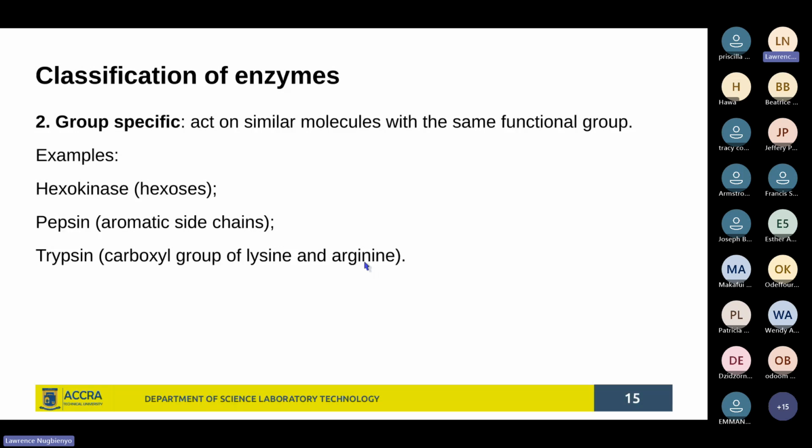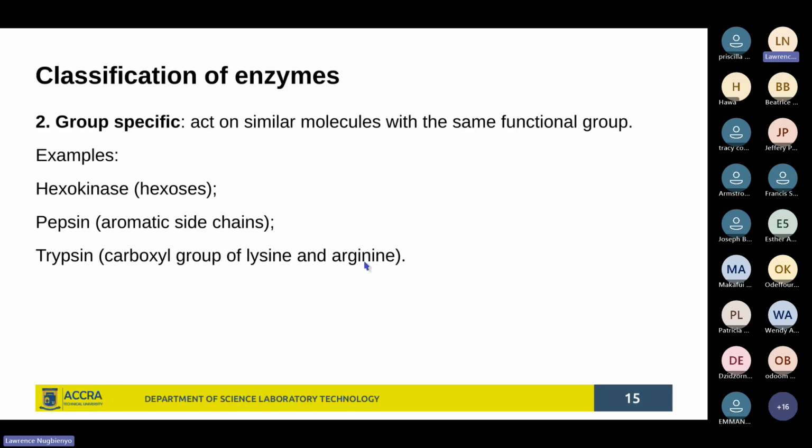Then we also saw, say, pepsin. Pepsin, for instance, will be involved in the breakdown of peptide bonds that are formed between the carboxyl group of amino acids with aromatic side chains and another amino acid.